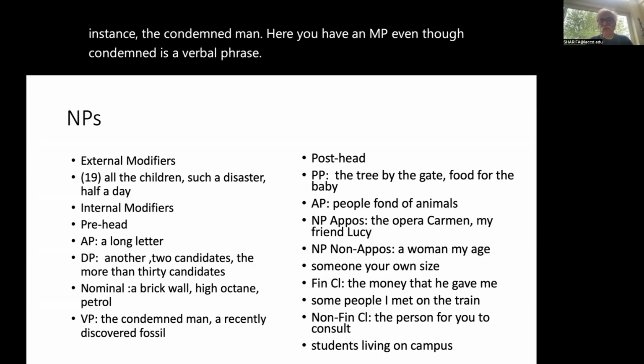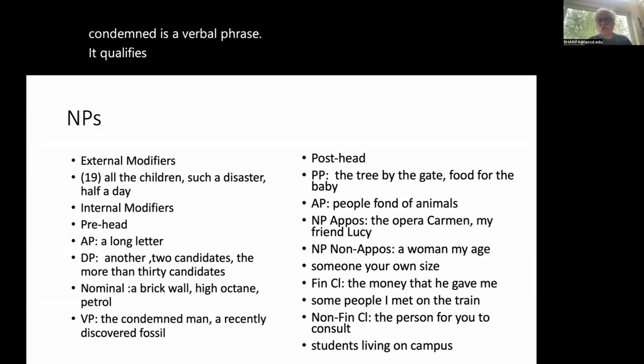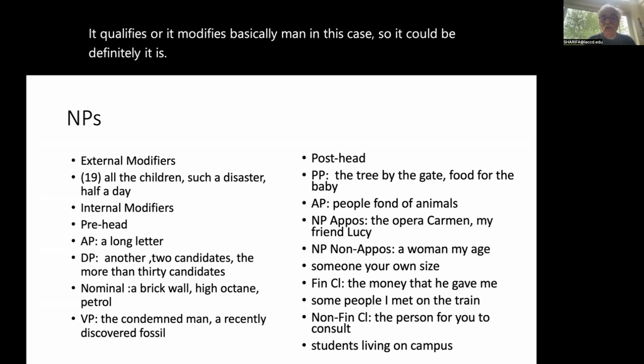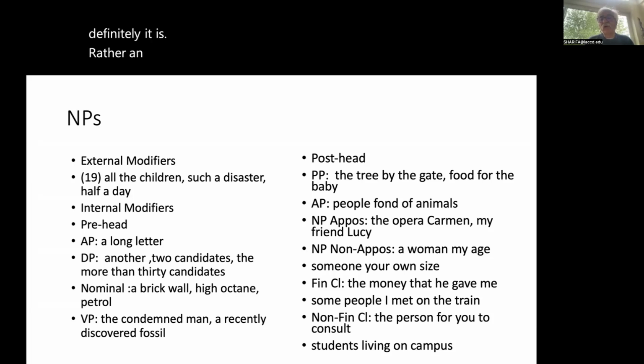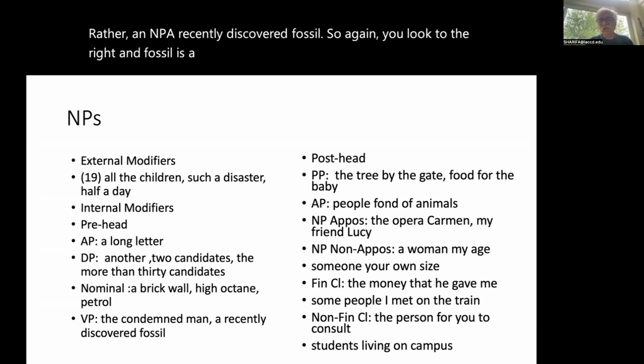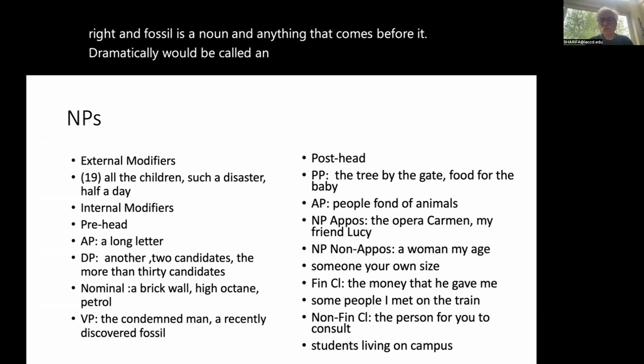It qualifies or modifies basically man in this case. So it definitely is an NP. A recently discovered fossil. So again, you look to the right, and fossil is a noun, and anything that comes before it grammatically would be called an NP. A recently discovered fossil.